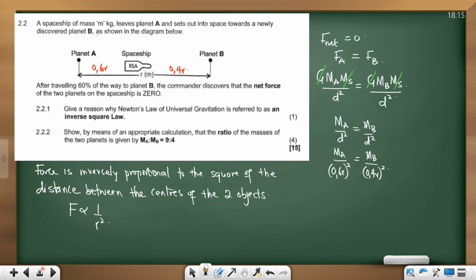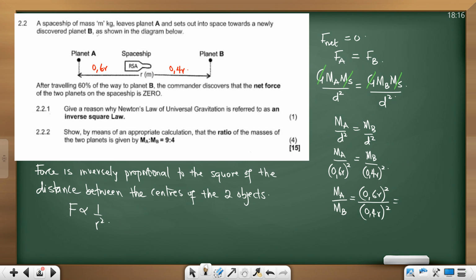All right. Since we are looking for the MA over MB ratio, cross multiply and divide. If I'm bringing my MB here, it is going to divide. If I take my 0,6 r that's dividing here, it's going to multiply. So 0,6 r all squared over 0,4 r all squared. What will this give us?